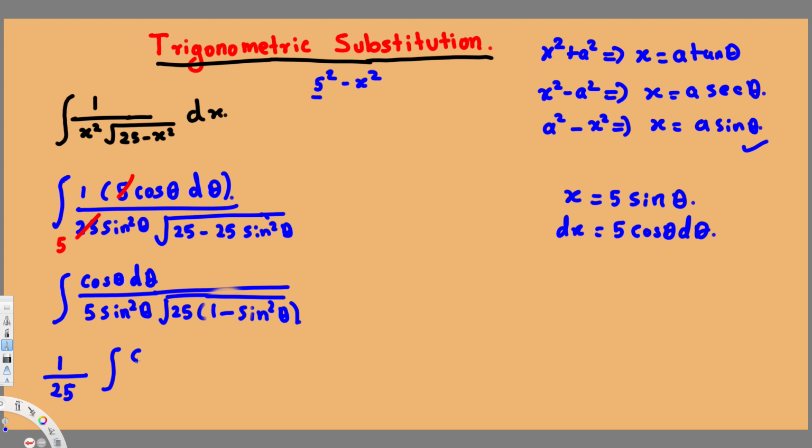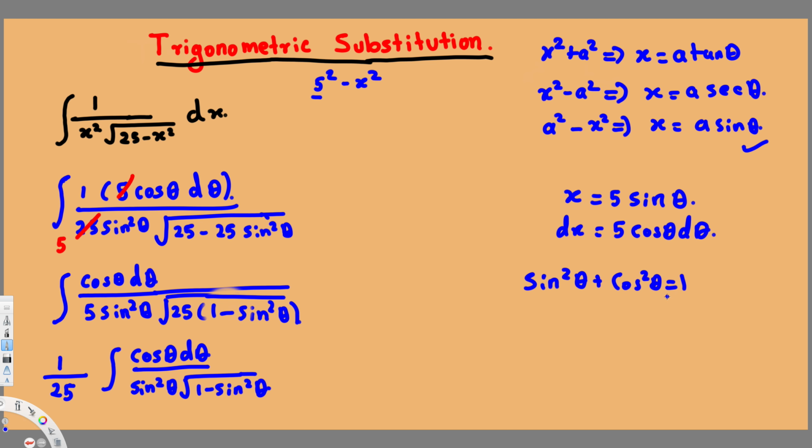Now we have cos theta d theta on top, and in the denominator we have sine square theta, and in the square root we have 1 minus sine square theta. Now if you remember, sine square theta plus cos square theta is equal to 1, right?